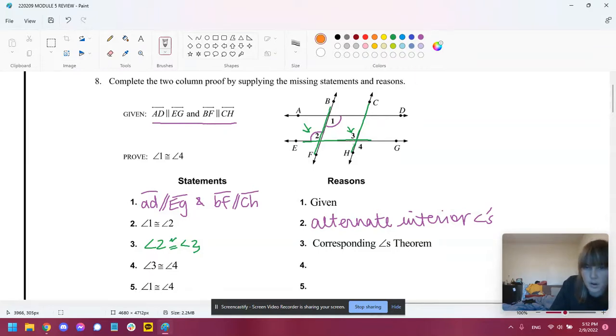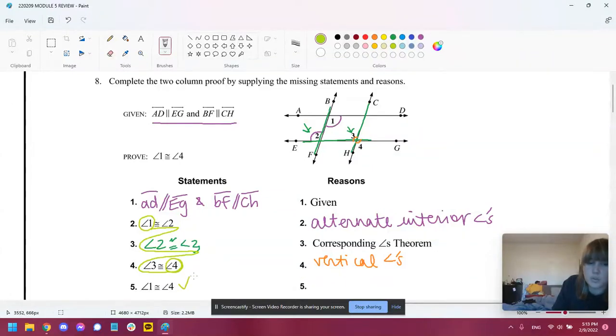3 and 4 are across from each other. So that means they're vertical angles. And then the reason 1 is equal to 4 is because we have 1 here is equal to 2, which is equal to 3, which is equal to 4. All right, let me draw this snake better. 1 is equal to 2, which is equal to 3, which is equal to 4, right?